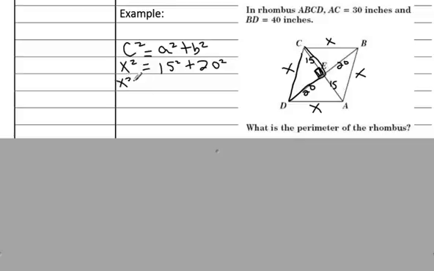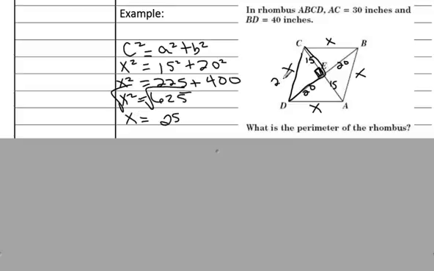So just bringing everything down, x squared equals 15 squared plus 20 squared. 15 squared is 225. And 20 squared is 400. So x squared equals 625. And since I'm looking for x, I have to take the square root of both sides. So I'll get x is 25.